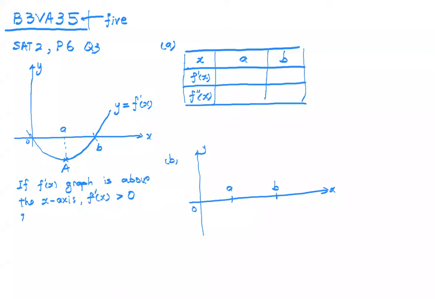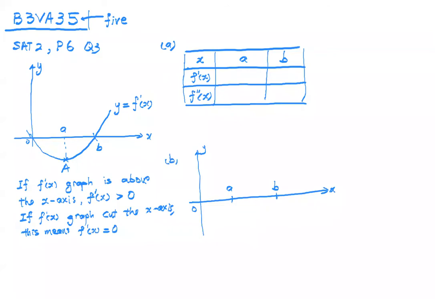If the f prime x graph cuts the x-axis, this means f prime x is equal to 0.